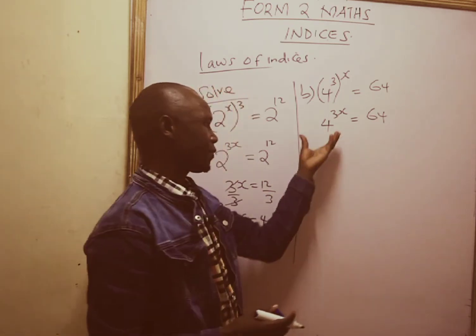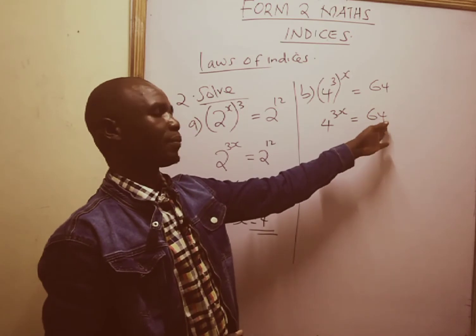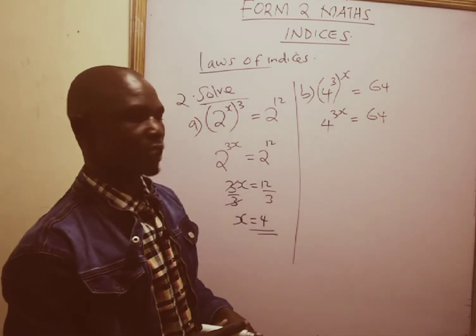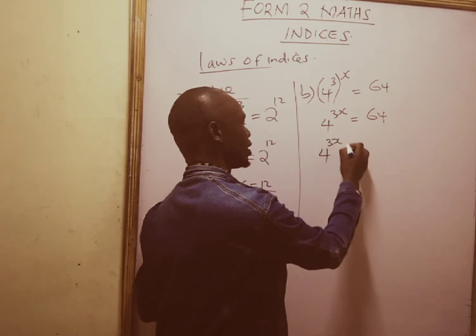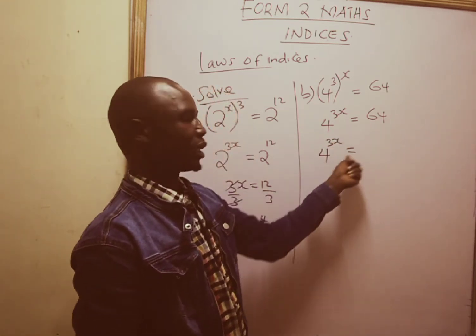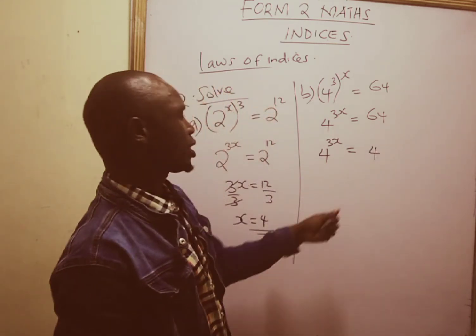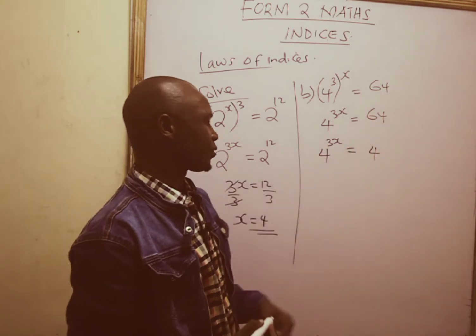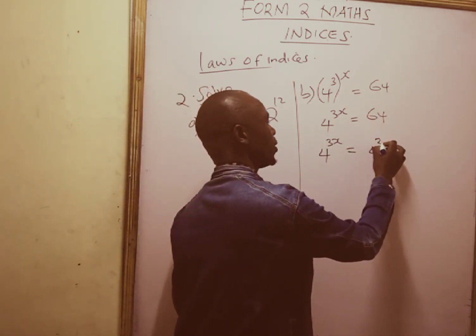You realize the first part is written in index form. That means the other part should also be written in index form. So we are going to have 4 raised to power 3x being equal to, remember, we are going to make the bases the same, so we are going to have 4. Then we raise it to a certain power to give us 64. That means if you take 4, you raise it to power 3.